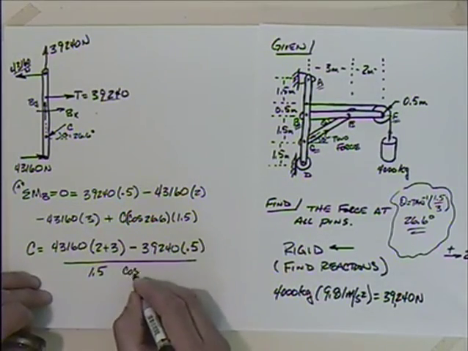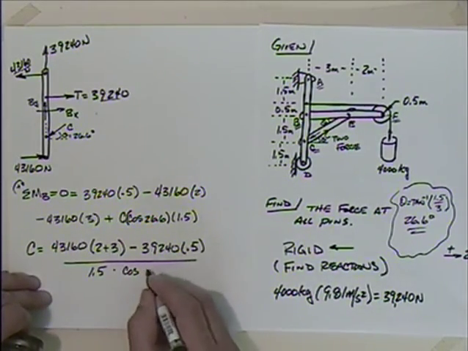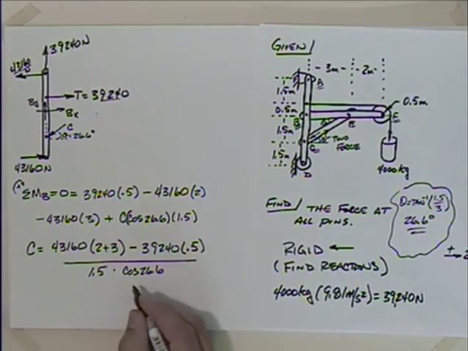1.5 times the cosine of 26.6. So let's see what that turns out to be.